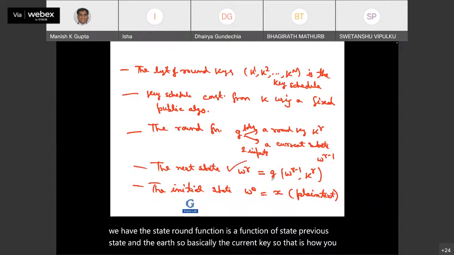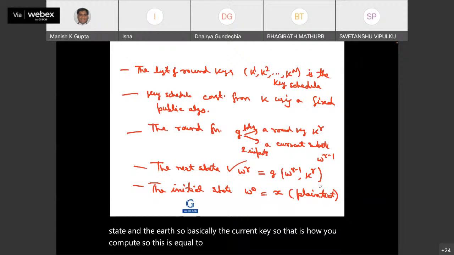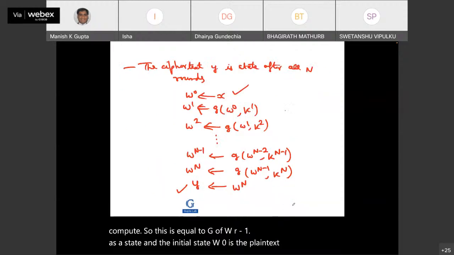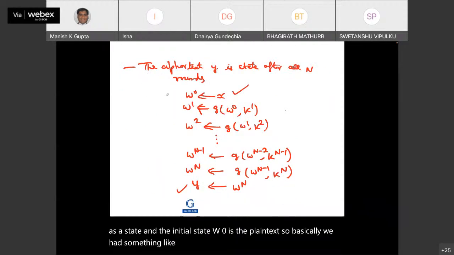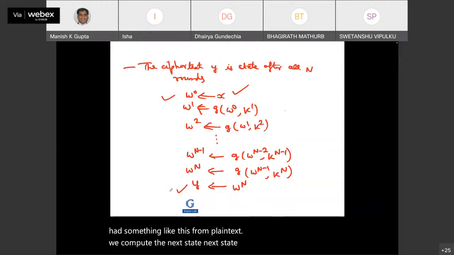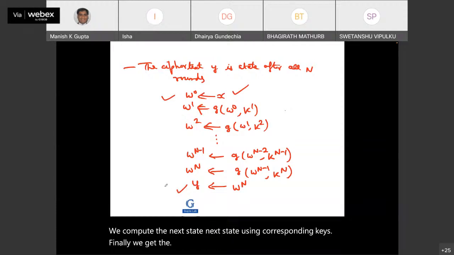So WR is equal to g of WR minus 1 and KR. WR is a state, and the initial state W0 is the plain text. From the plain text, we compute the next state using the corresponding keys. Finally, we get the ciphertext Y after n rounds.